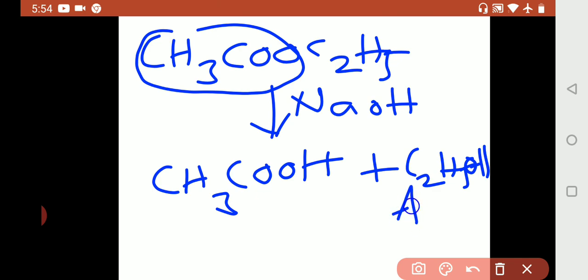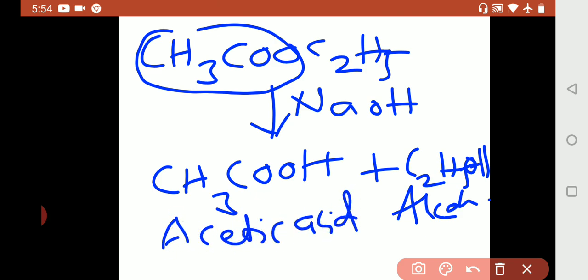That is alcohol and acetic acid, the famous acetic acid. Okay. So this is how we are getting carboxylic acids by the hydrolysis of esters.